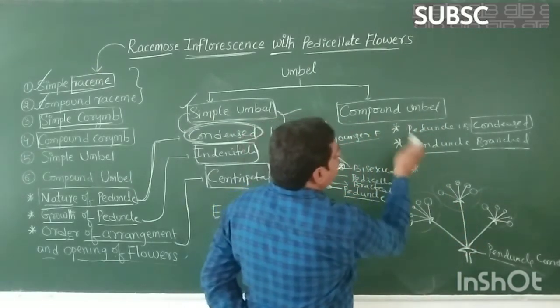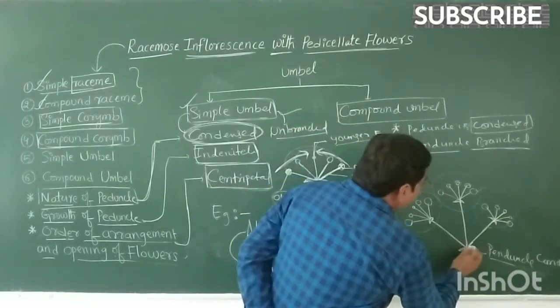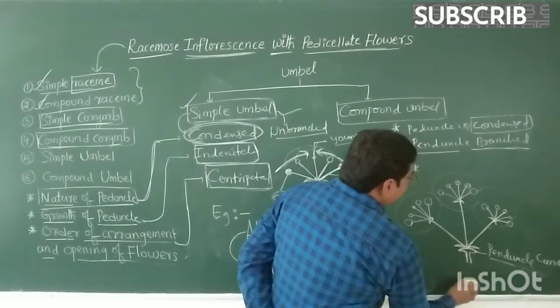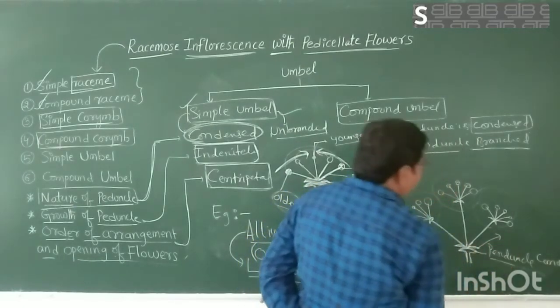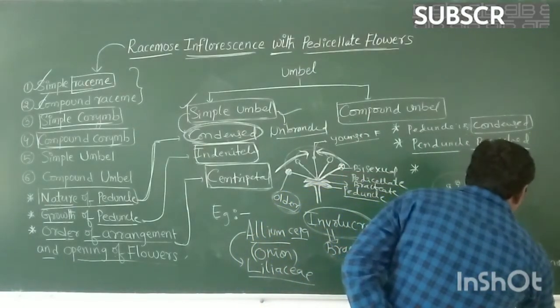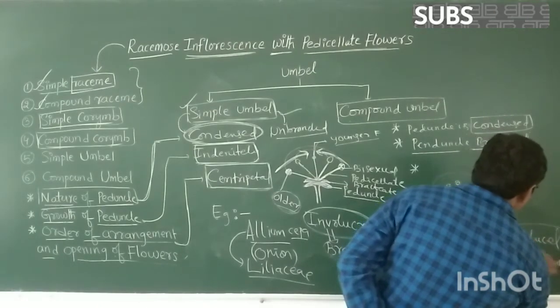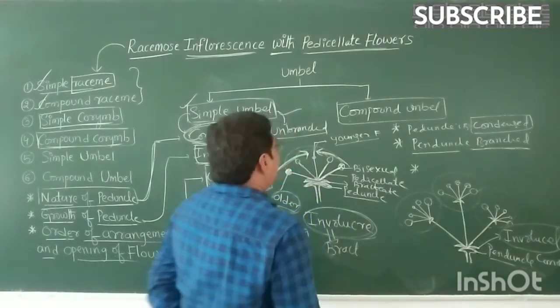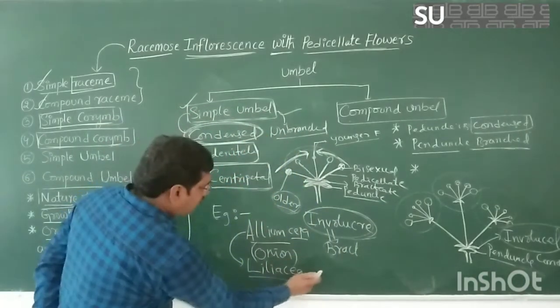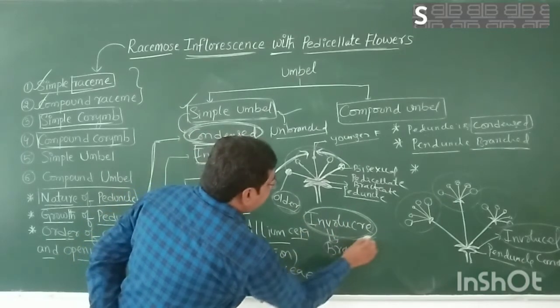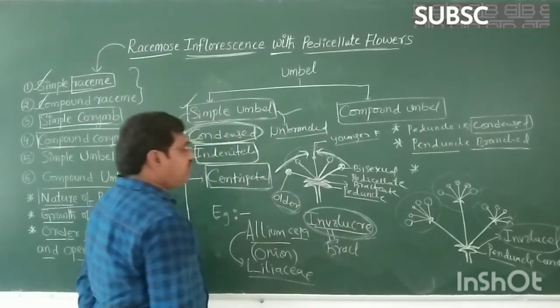In compound umbel, all bracts of the flowers unite to form a bract-like structure that is called involucre. It is a modification of bract. In a simple umbel, all bracts unite to form a wall-like structure called involucre.